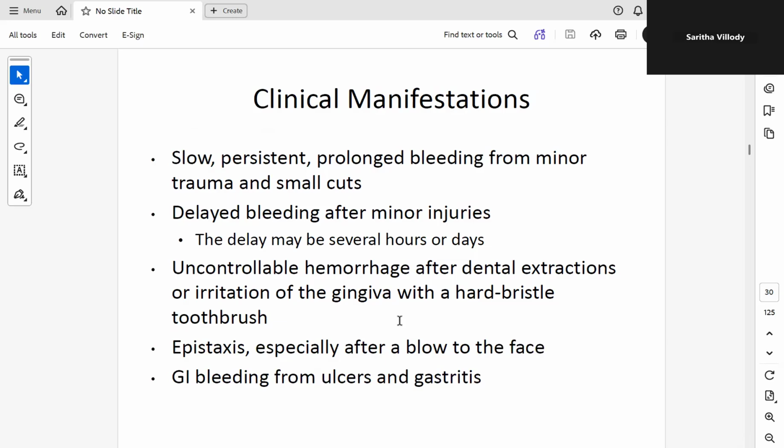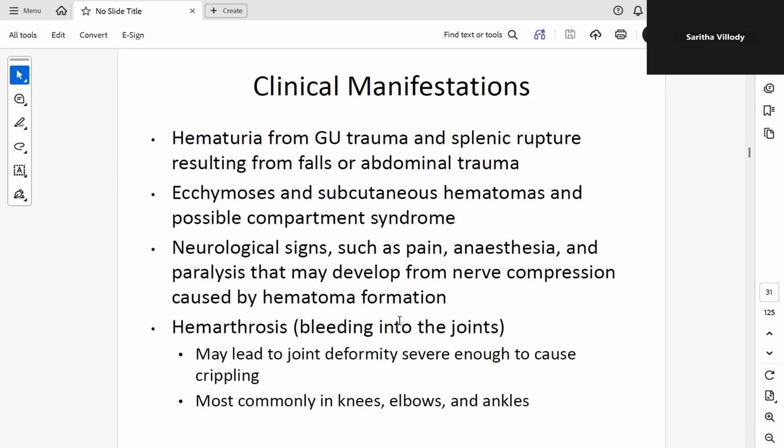Epistaxis, ecchymosis, and subcutaneous hematomas. Neurologic changes like paralysis could develop if there is hemorrhage or hematoma in the brain. And the biggest complication of this is hemarthrosis, bleeding into the joints, which eventually leads to joint deformity, and it's extremely painful.